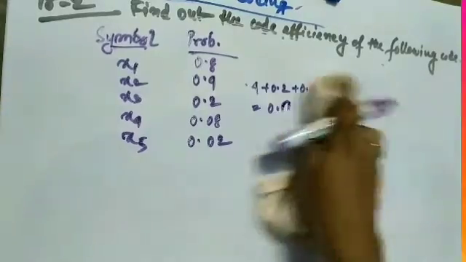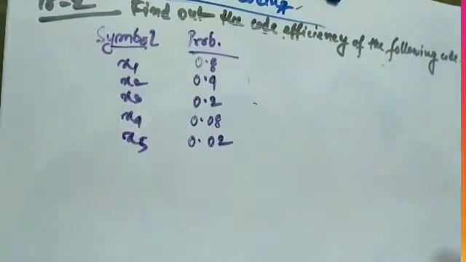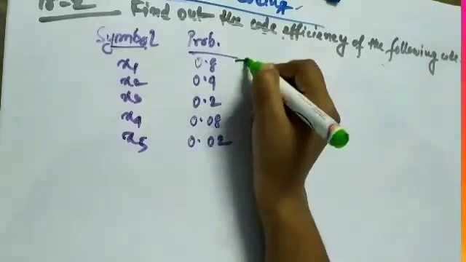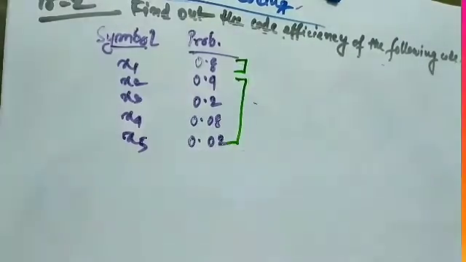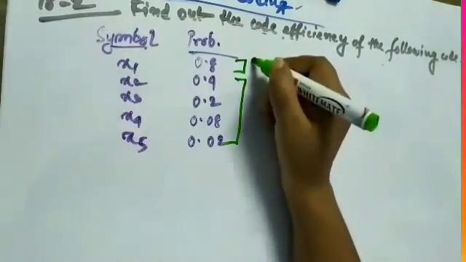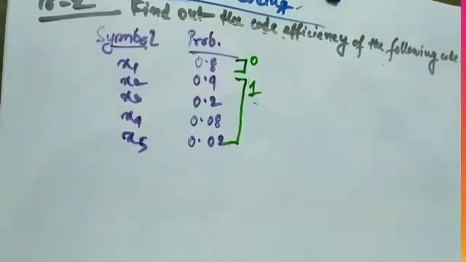So therefore the two subsets will be one is 0.8, another one is this total. Then we denote them as 0 and 1.